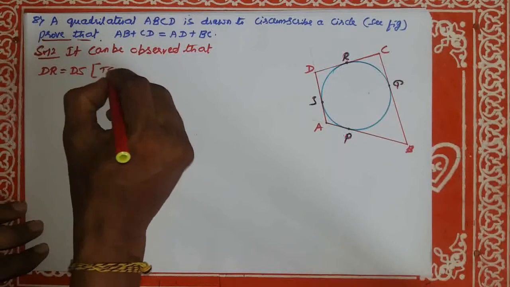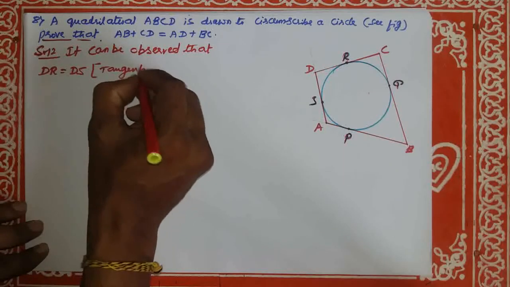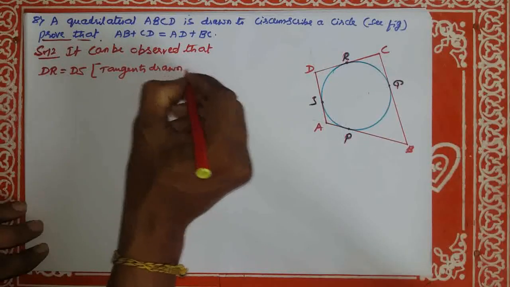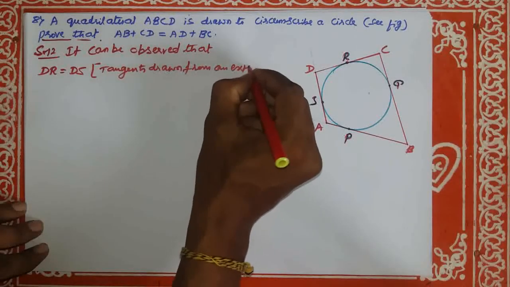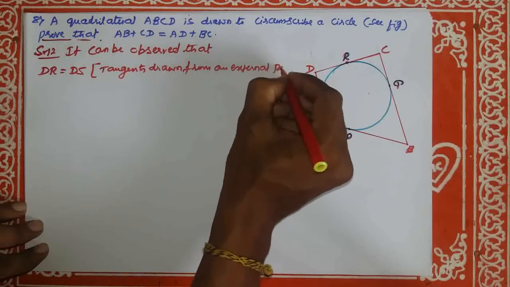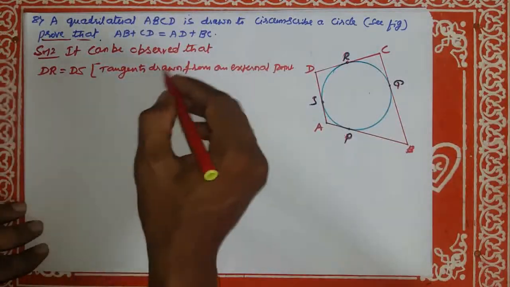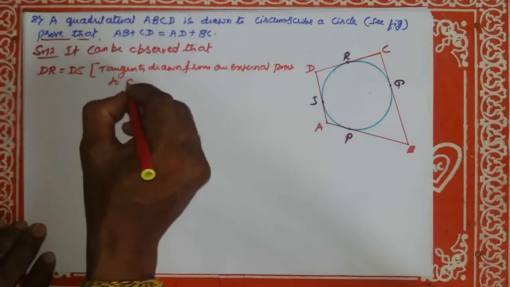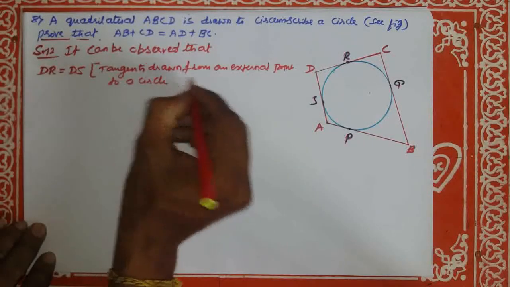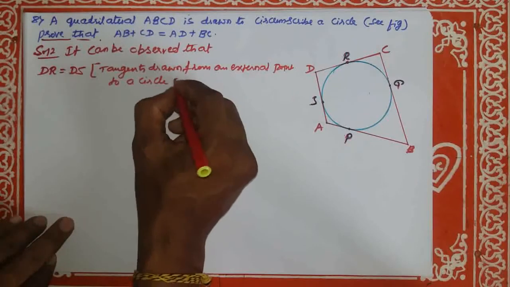Tangents drawn from an external point to a circle are equal.